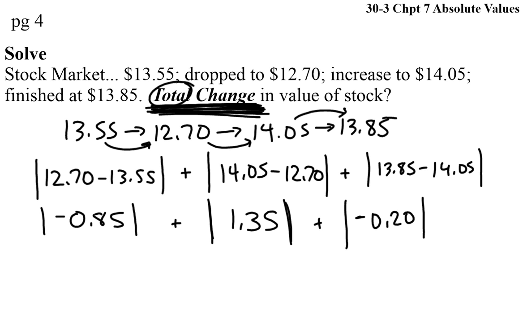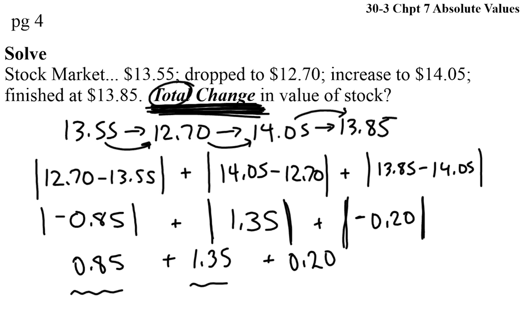I just want the amount, so I put it in the absolutes. So the absolutes convert my negative to just positive values. So it was an 85-cent change, a $1.35 change, and a 20-cent change, since the absolute of a negative is a positive.